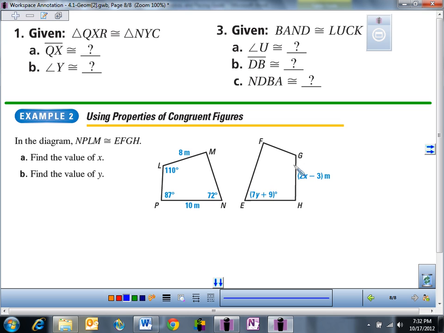Number 1, given triangle QXR is congruent to triangle NYC, so we have to find our corresponding parts.